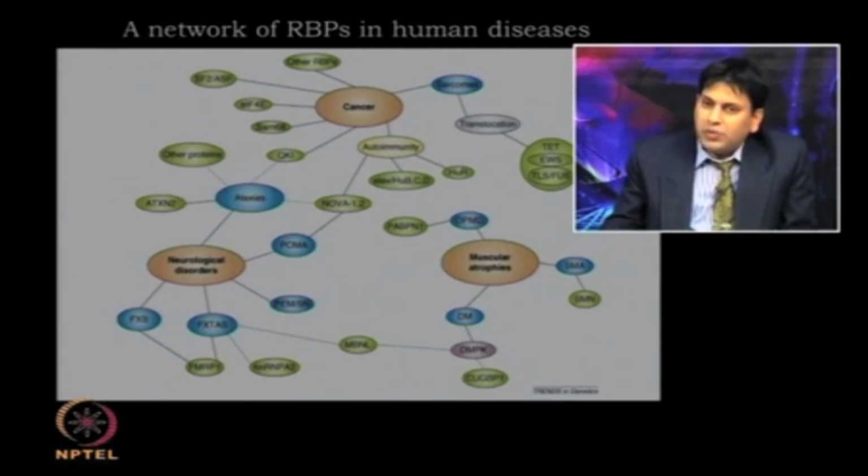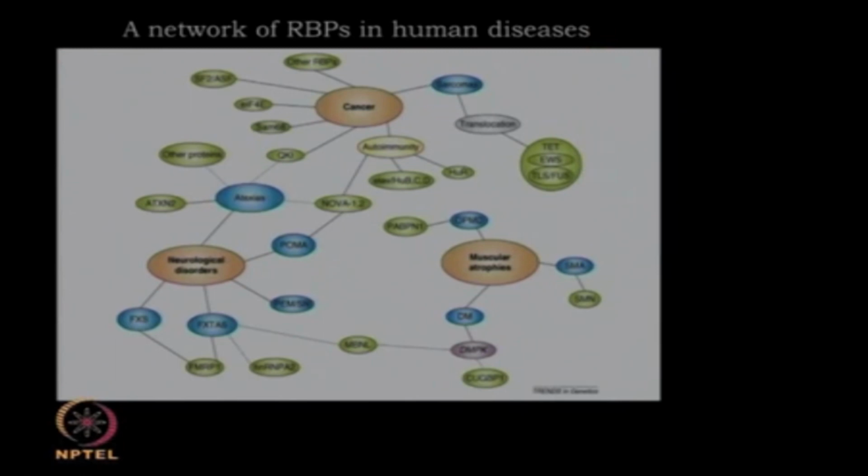Now, let's take a specific example of a muscular atrophy called myotonic dystrophy. In this particular kind of disorder, a CUG repeat binding protein called CUGBP1 binds to the 3' untranslated region of a DM protein kinase, and because of the sequestration of the CUG repeat binding protein onto the trinucleotide repeat expansion in the 3' untranslated region, this particular disease phenotype is observed.